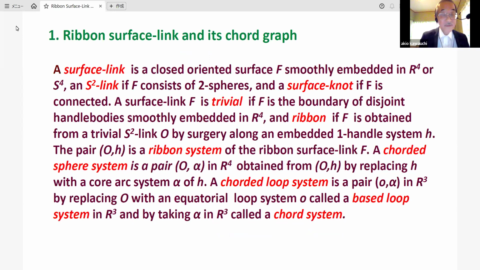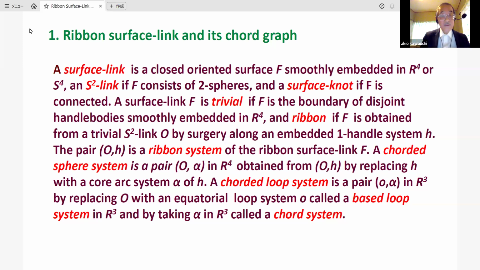A surface link is a cross-oriented surface F, smoothly embedded in S^4. An S^2-link, if F consists of two spheres, and a surface knot, if F is connected.